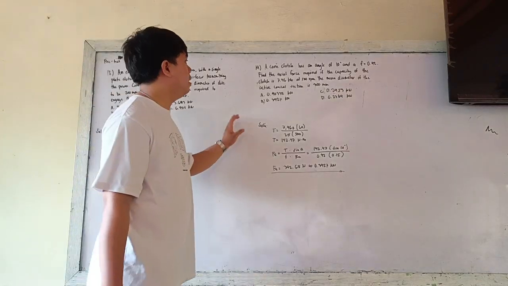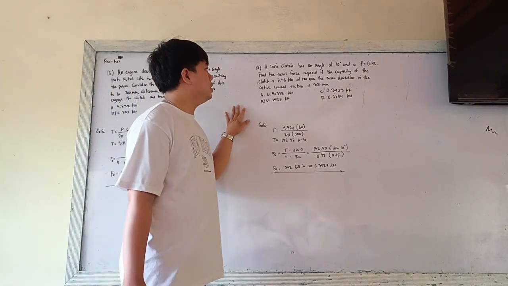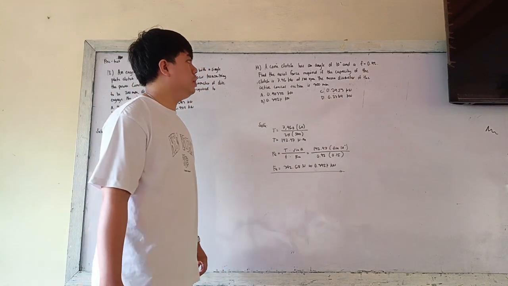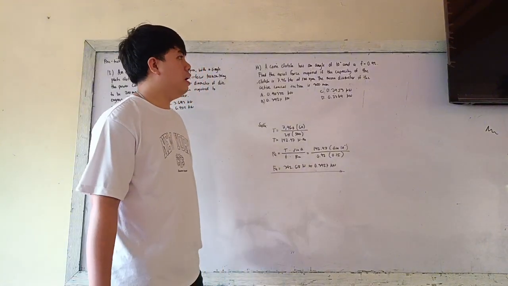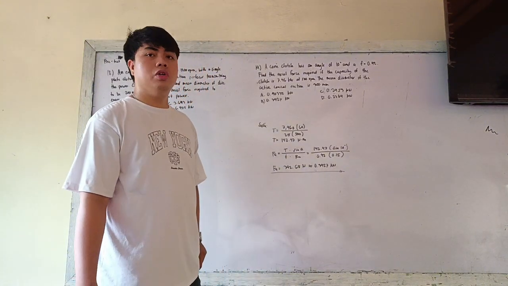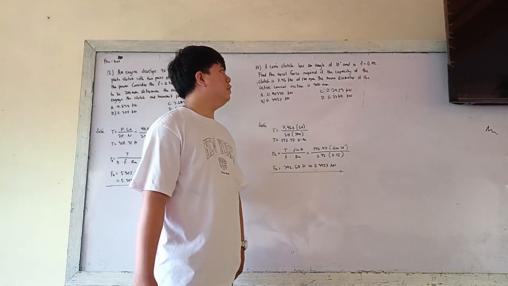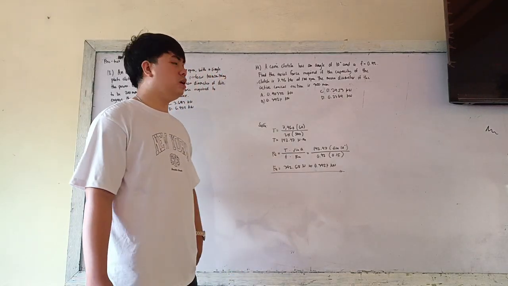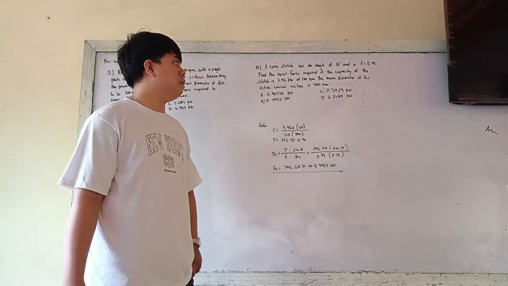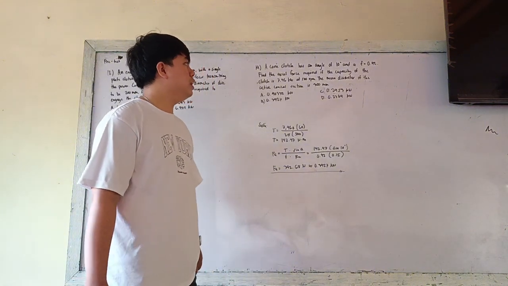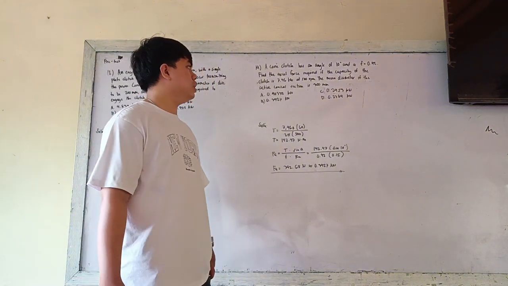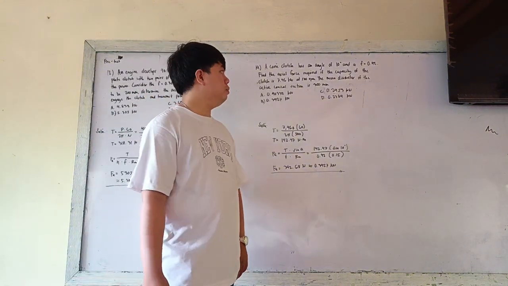So next problem. A cone clutch has an angle of 10 degrees and F of 0.42. Find the axial force required if the capacity of the clutch is 7.46 kilowatt at 500 RPM. The mean diameter of the active conical section is 300 millimeter.